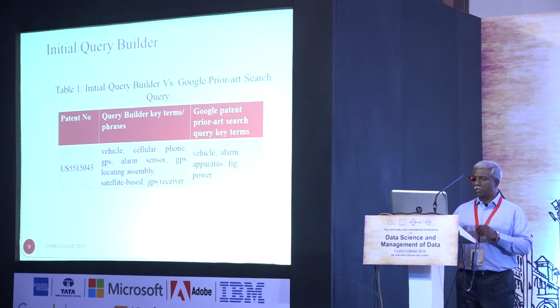We have taken a sample document as a novel document, and for that we show the kind of terms we get through this query builder using term phrases, and what the Google patent prior art search query gives.